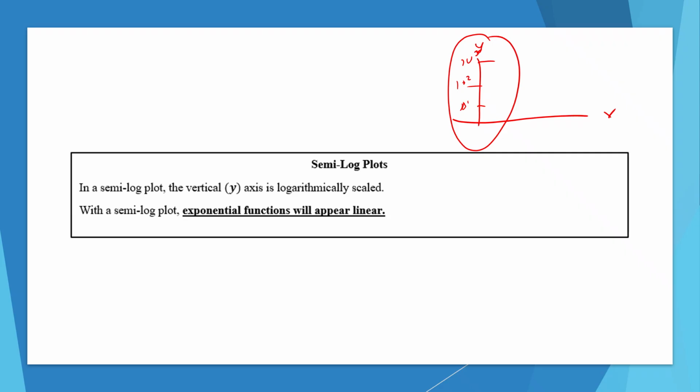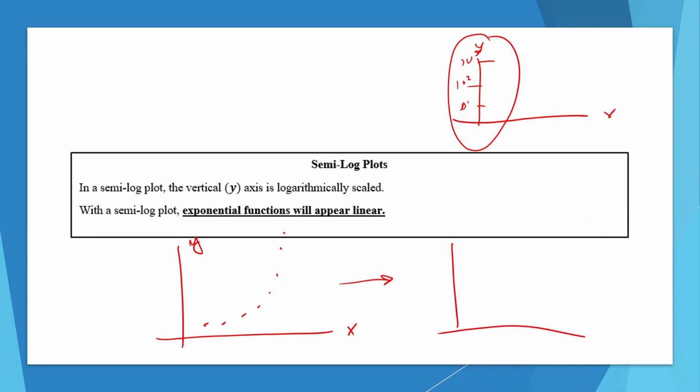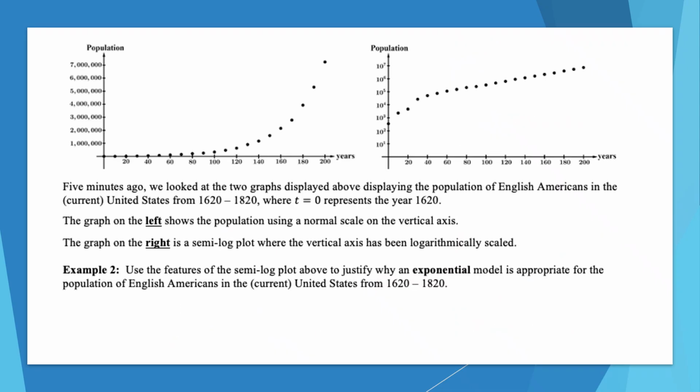And so the main thing here is with a semi-log plot, data that would typically show up as exponential like this is going to appear in a semi-log plot where it's, let's say, 10 to the first, 10 squared, 10 cubed. It's going to appear linear. And that is what a semi-log plot will do, and what we kind of saw with that population example earlier in the YouTube video. So, yep, this same example pops up again.